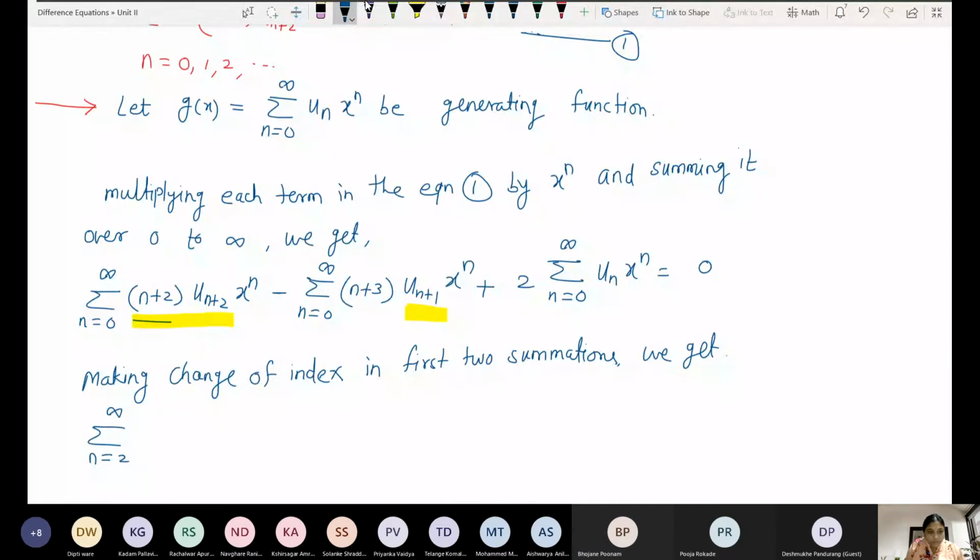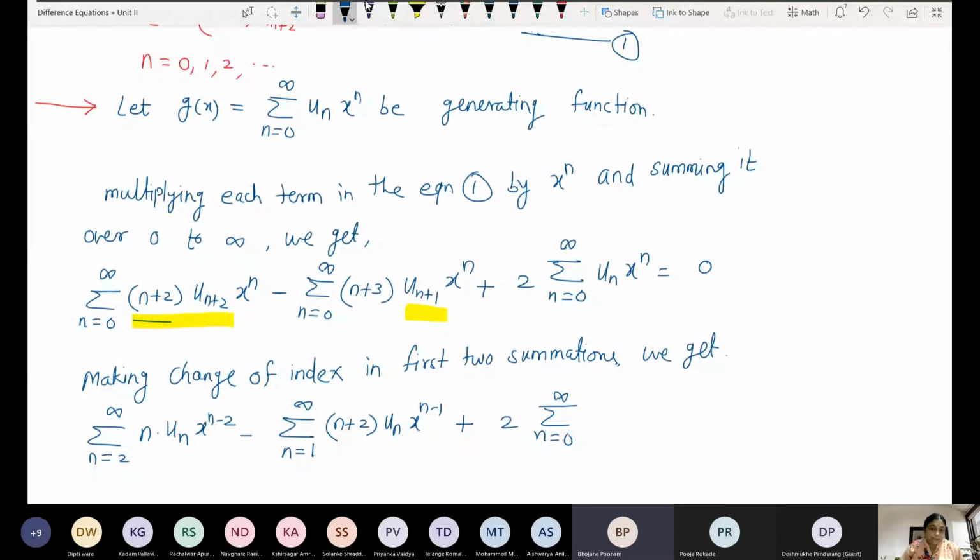Un plus 2 will become un. And x raised to n will become x raised to n minus 2. Now in second term, I want un instead of un plus 1. So I will start from n is equal to 1 to infinity. So what will be changed here? N plus 2 un x raised to n minus 1, plus 2 times this summation as it is, n is equal to 0 to infinity un x raised to n is equal to 0. Is that okay?